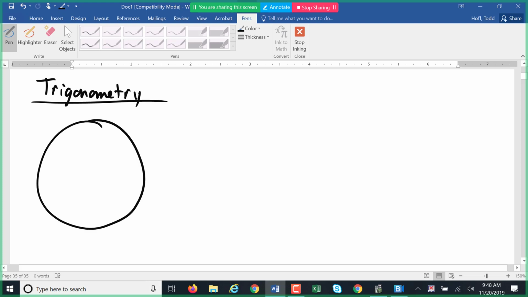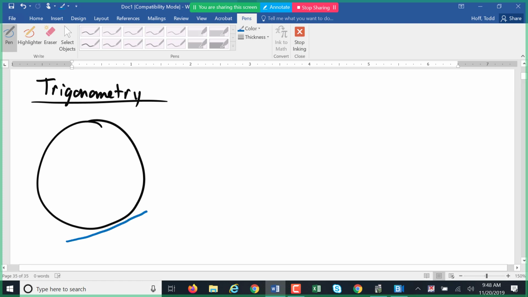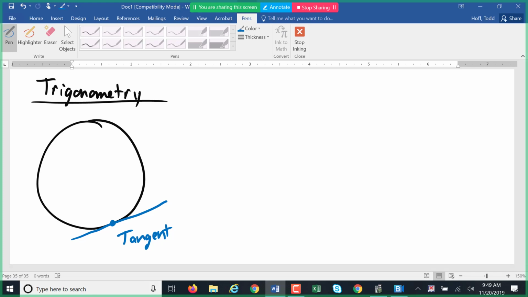If you have a circle, a tangent is defined as a line or a portion of a line that touches the circle but never enters the circle. So it only contains points that are outside of the circle and one point that's on the circle.